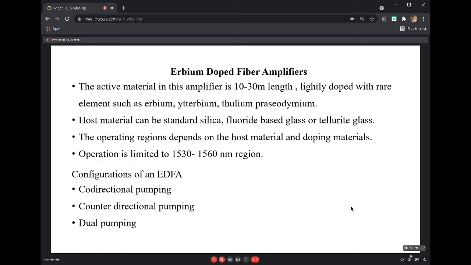These are the three different types. By enhancing the doping level and other things, the erbium doped amplifier can operate not only in 1530 to 1560, it can be used in the S band and also the L band.